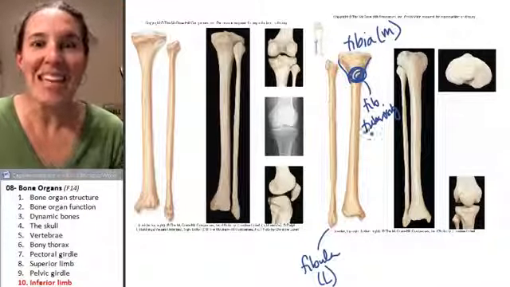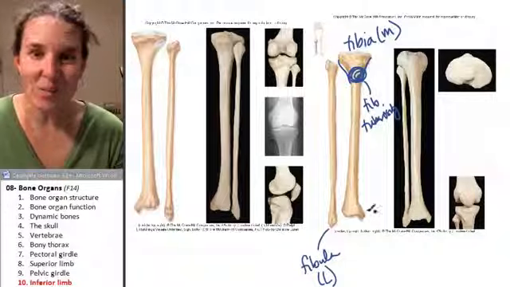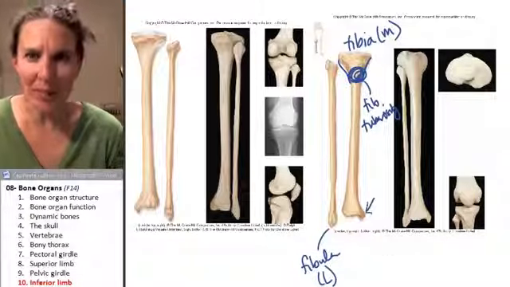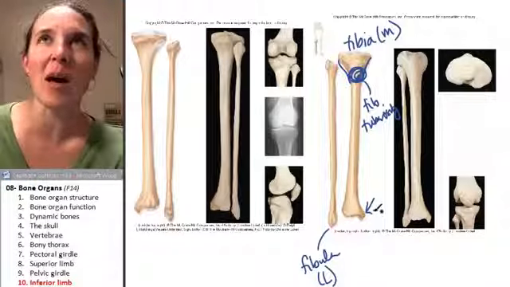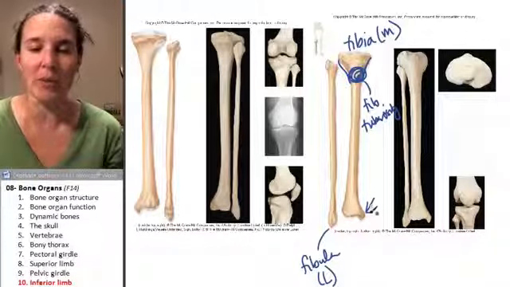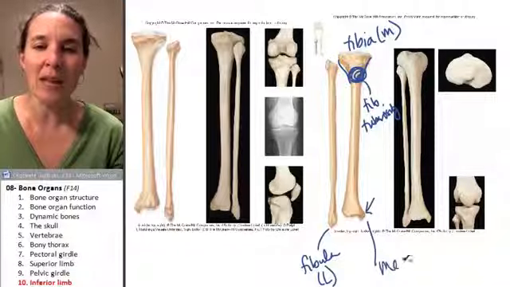And the distal medial aspect of the tibia has this giant bump that you could just reach down and palpate right now. It's like your ankle bone. It's called the medial malleolus.